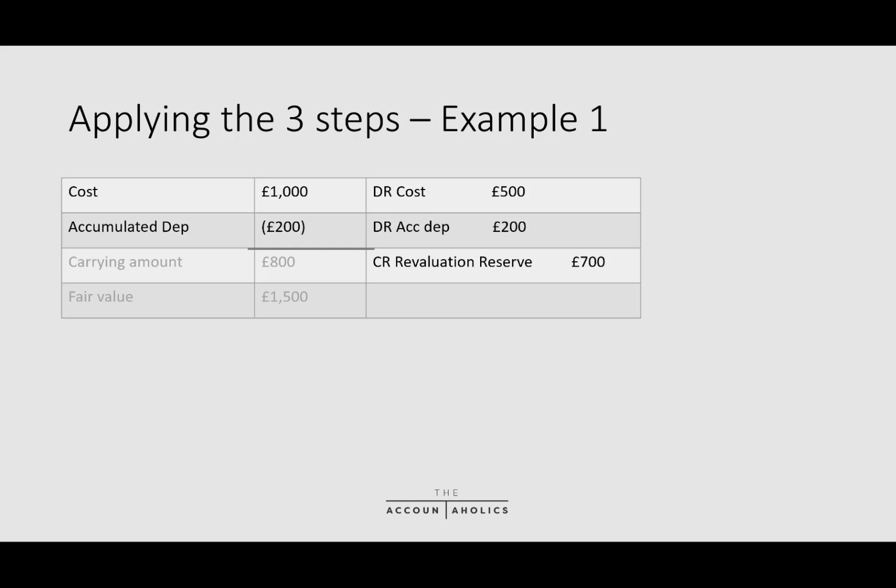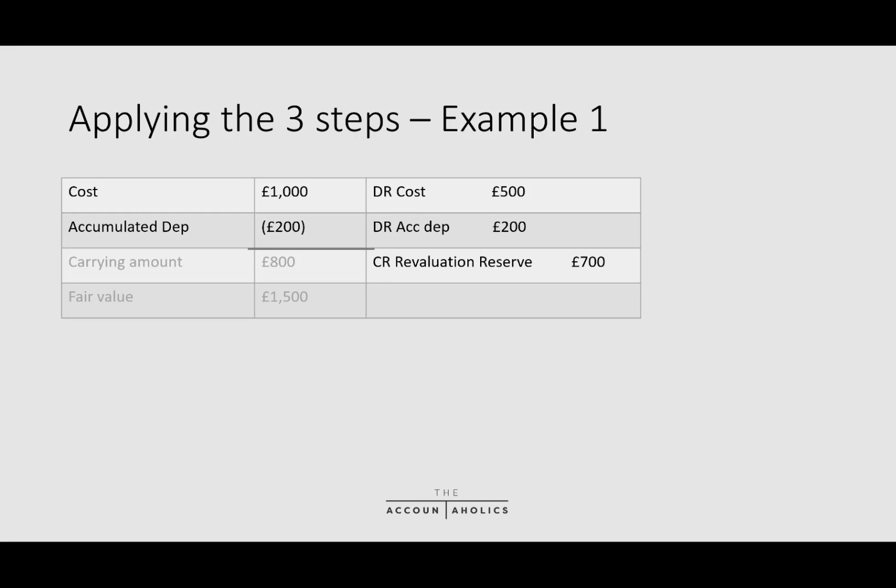The way that we calculate this revaluation gain or loss is always by looking at the carrying value and the fair value. It's quite evident here that the fair value is higher than that carrying value, so we are going to have a gain that amounts to 700. This being the difference between the 1,500 fair value and the carrying amount of 800.